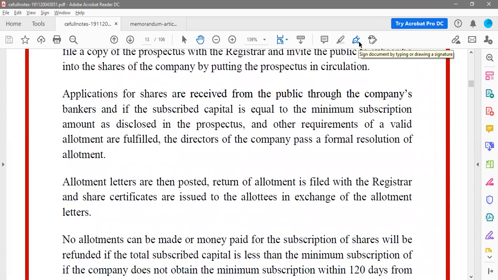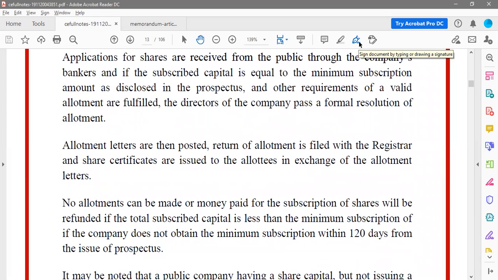And I also explained about the stages in the issuing of shares. That is firstly application. So people can apply for the shares and buy the shares first. They need not pay the full amount. They can pay only the amount which is asked by the company to be paid.